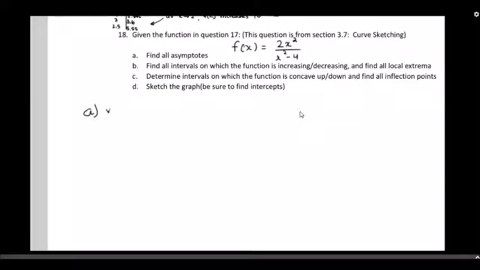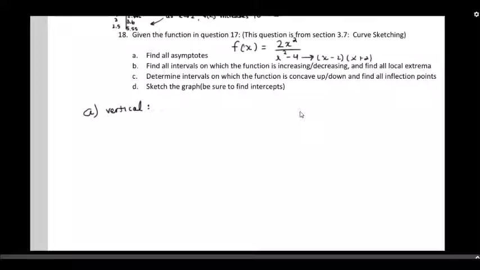Vertical asymptotes come from the denominator. If we factor the denominator, we would get x minus 2 and x plus 2. Vertical asymptotes, if you recall, occur when the denominator is 0.